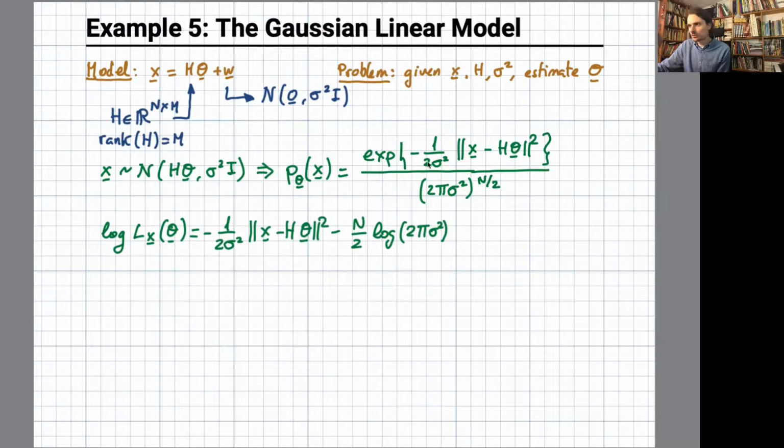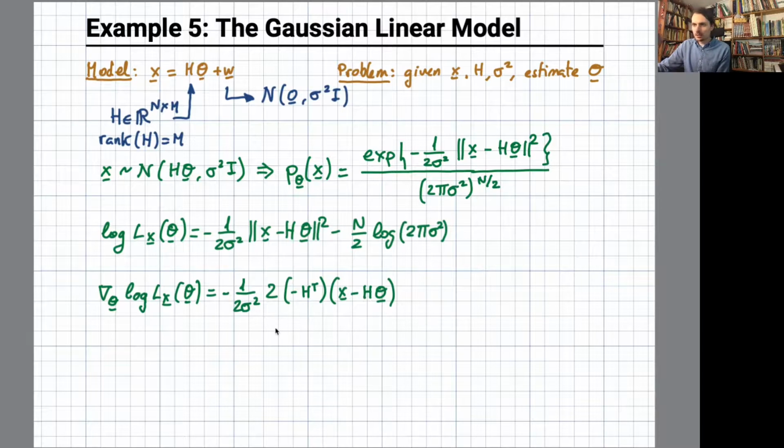The first comes from the exponent and the second from the denominator. To find the maximum likelihood estimator, we take the gradient of this log likelihood function, which, applying the chain rule, yields something like this, right? So this term doesn't depend on theta, so it is ignored.